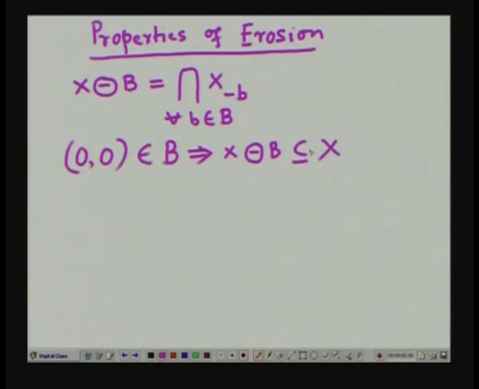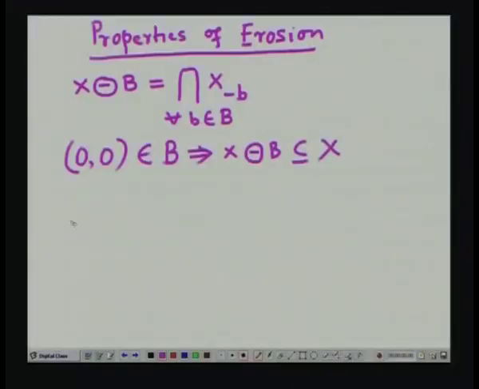You can take a very simple example and try this, and you will always find that if the local origin of the structuring element is a member of the structuring element, then whatever erosion output you get will always be a subset of the original point set capital X.